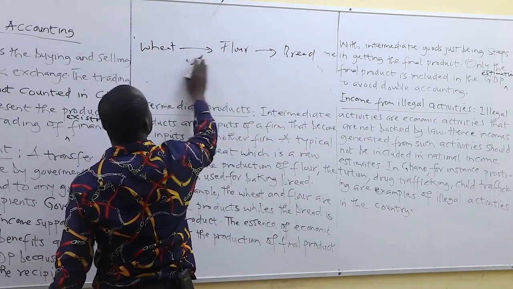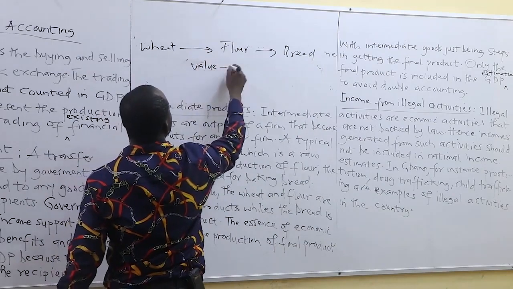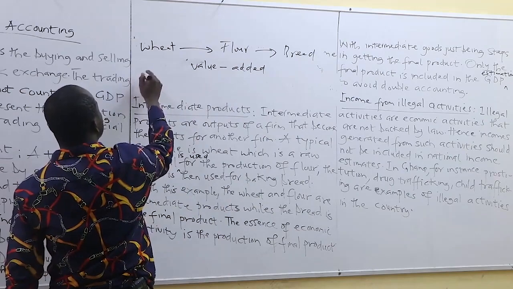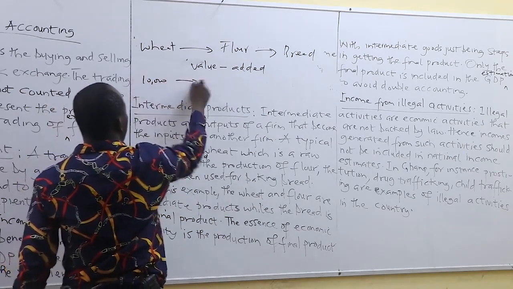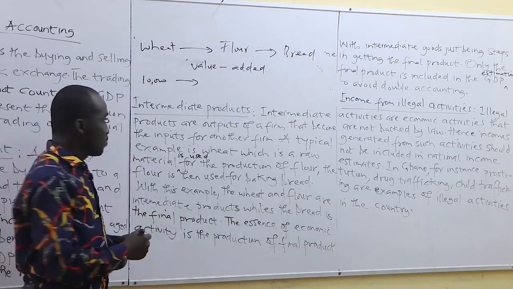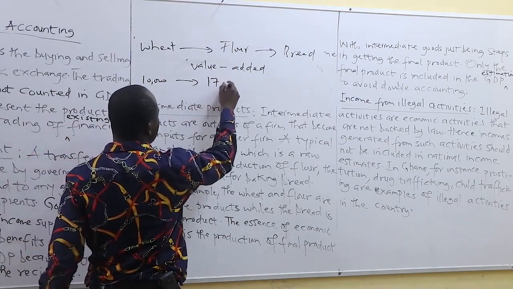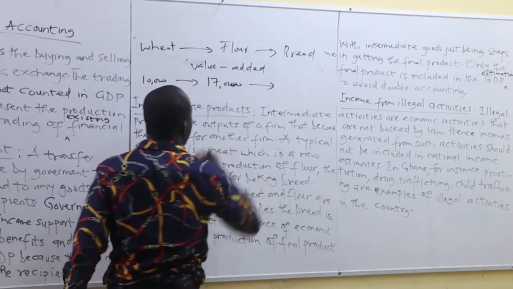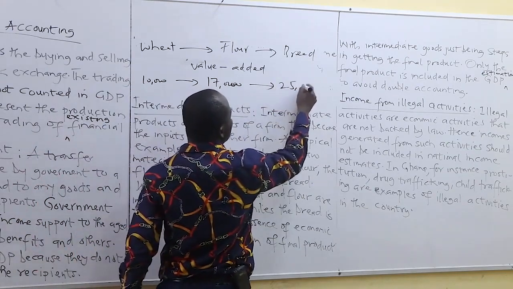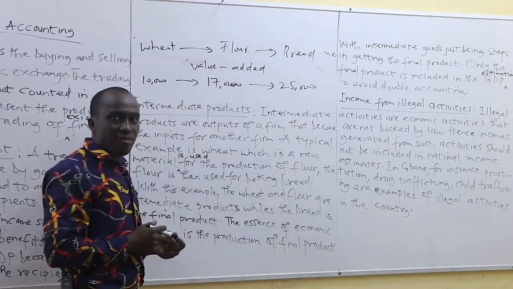Say the wheat was 10,000 cedis. When they move to flour, value has been added. They have done something to it. Maybe it moves to 17,000. When you move from flour to bread, now it is maybe 25,000, because something has been added to it. So value has been added.